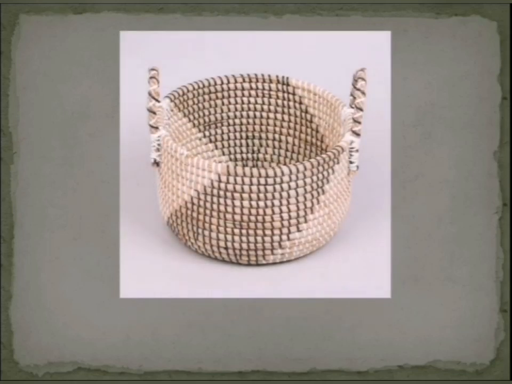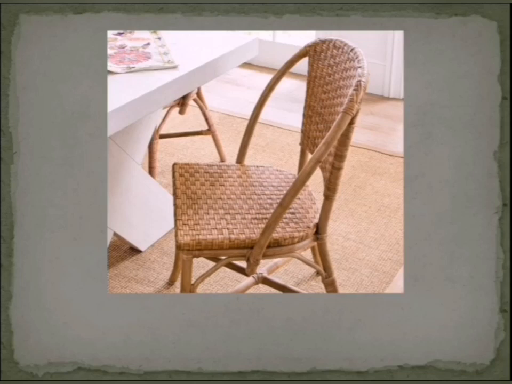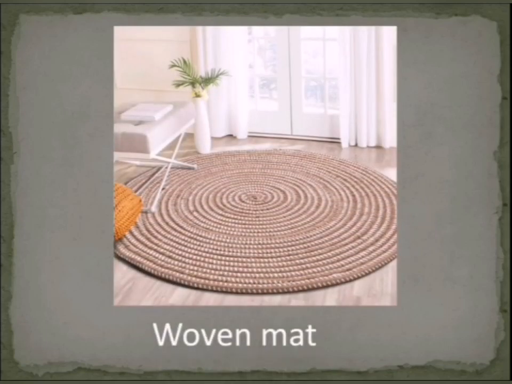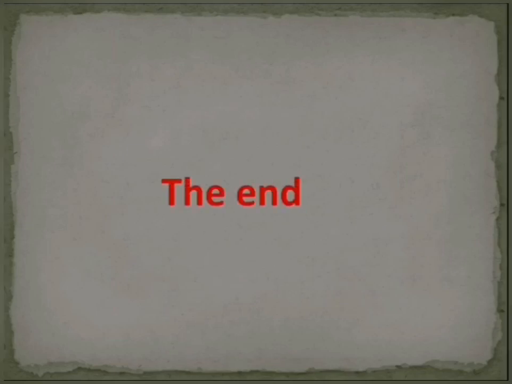So here we have an example of a woven basket. It's made of wood. Another one, we have a woven chair and a woven mat.